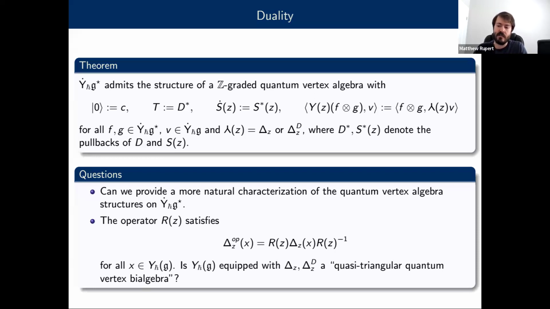And so we think that these examples actually fit into that setting, where these are probably something like a quasi-triangular quantum vertex bialgebra. So there should be some interesting things to say there.